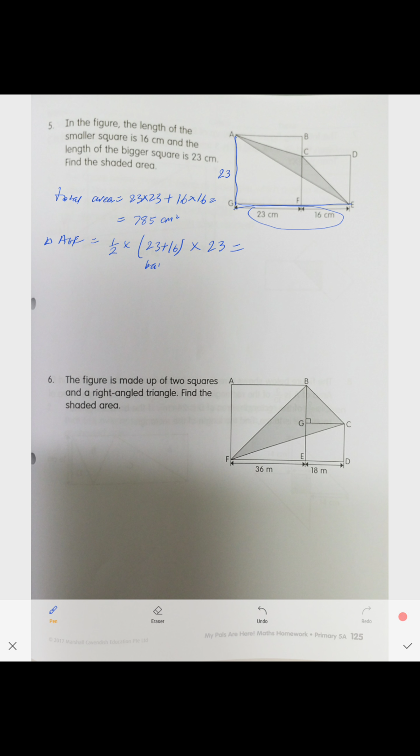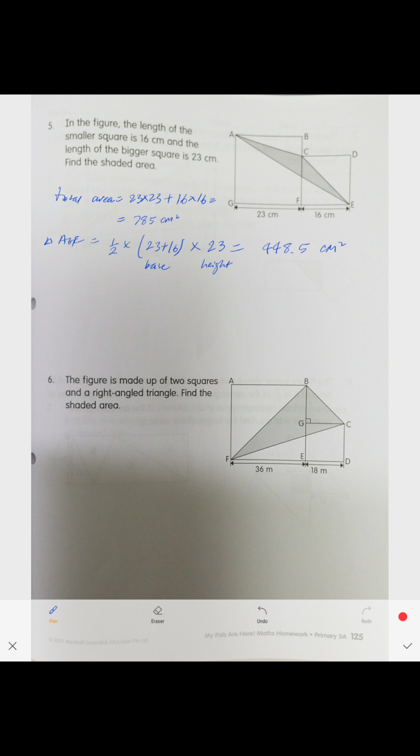So this is base, this is height. Don't get confused. 23 plus 16. And if you calculate everything right, you're gonna have 448.5 square centimeters. Okay, so we got the big one.